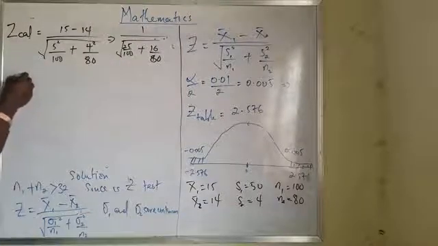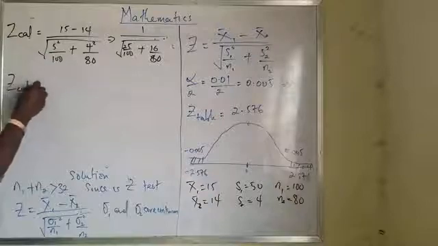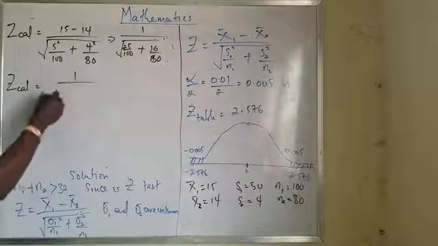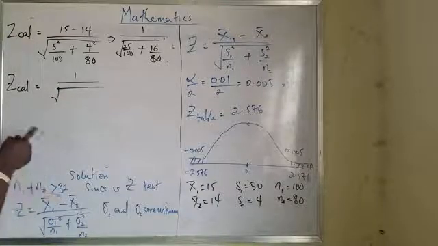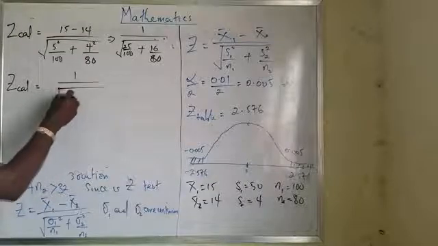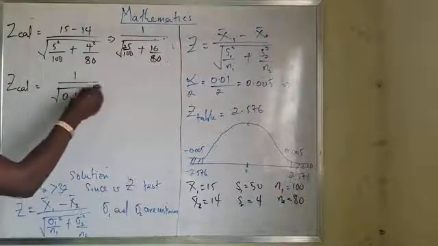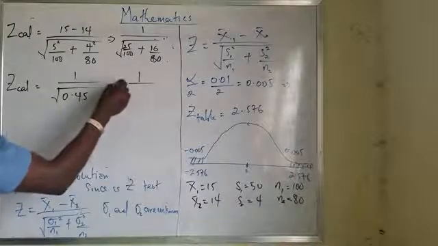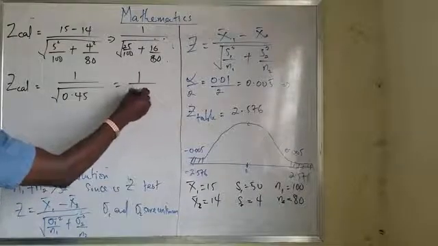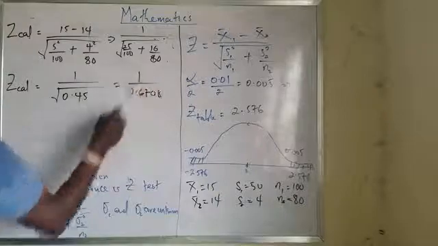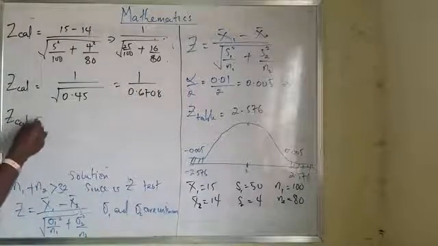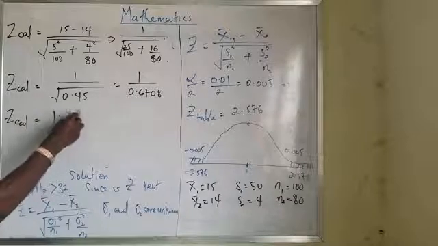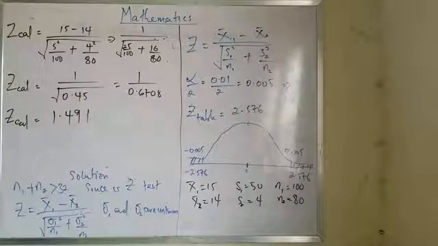My z calculated will be 1 divided by the root of 0.25 plus 0.2, which is 0.45. The root of that is 0.6780. So my z calculated equals 1.491.